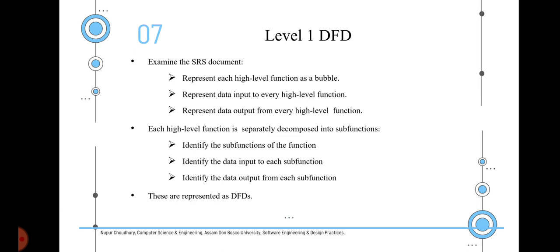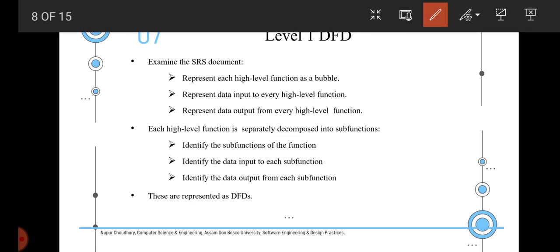That means we have to identify each of the functions which can be there in that particular system as a bubble and represent them in a circle. Then we have to represent the data input to every high level function or bubble. Again, the data output from every high level function or bubble needs to be identified.